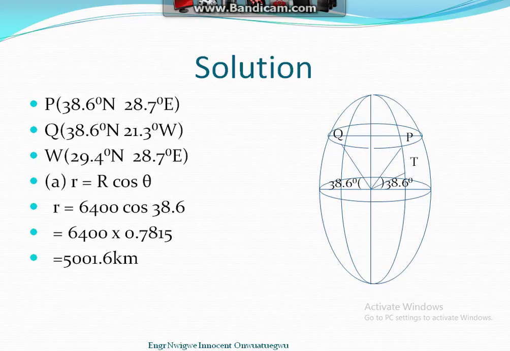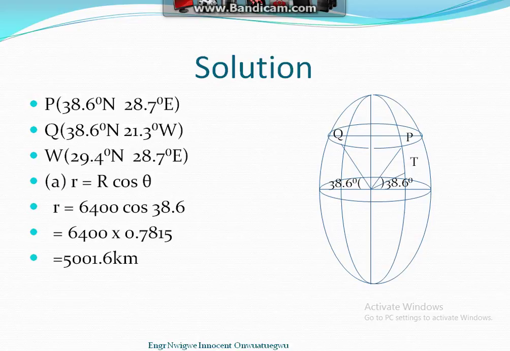Then for P, we measure out 38.6 degrees north with our protractor and use a ruler to join it to the point P at longitude 28.7 degrees east.